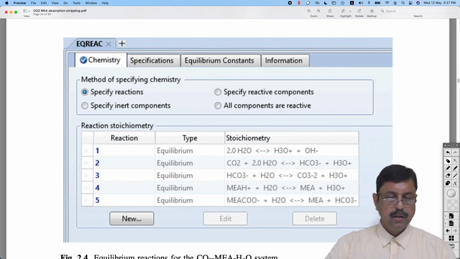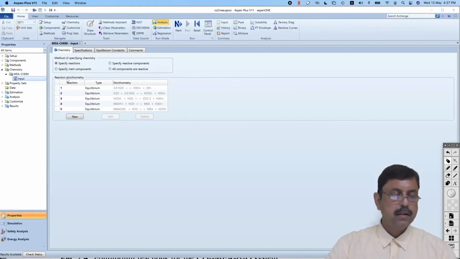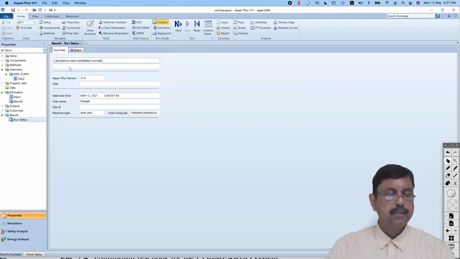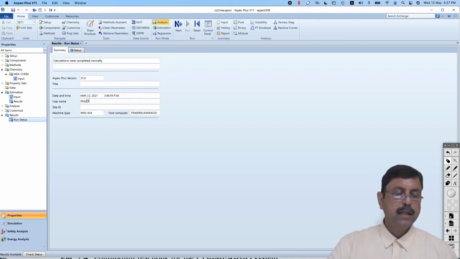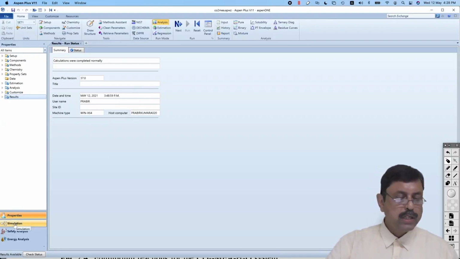Okay. We have to add in this stoichiometry. And we have done the estimation, in which I said to estimate all missing parameters. And the result run status says calculations were completed normally on this date and this time. Okay. Now we shall go to the simulation window.